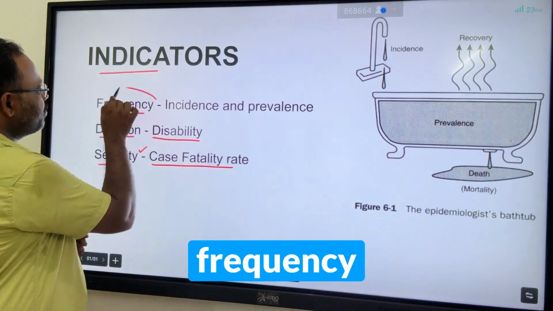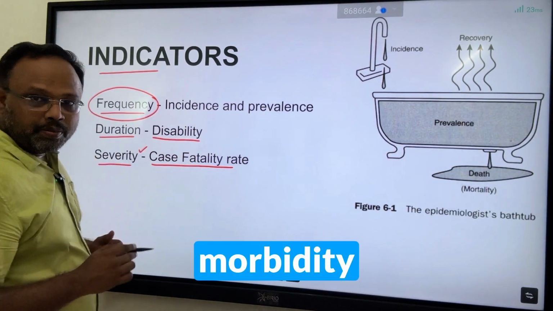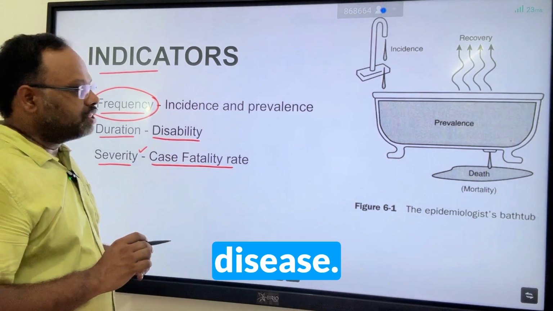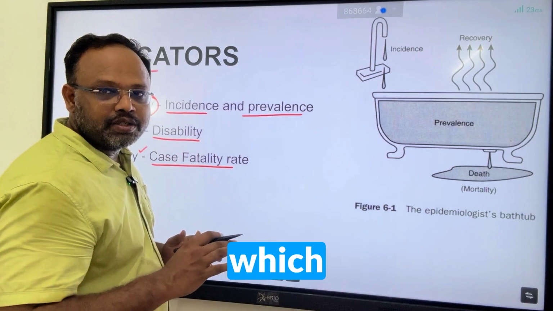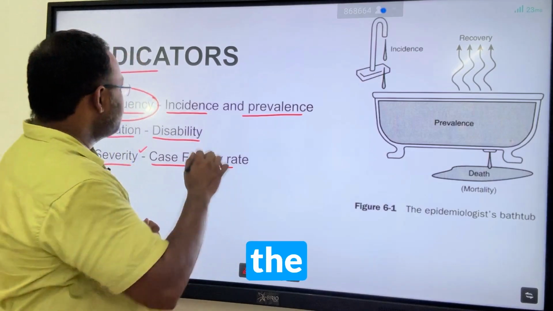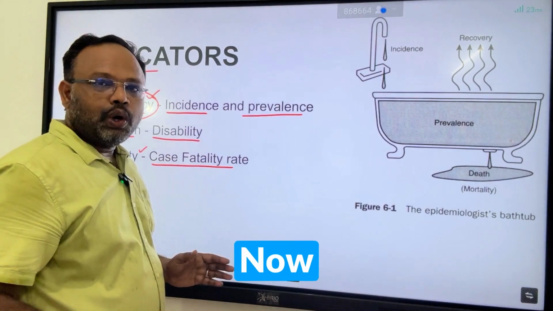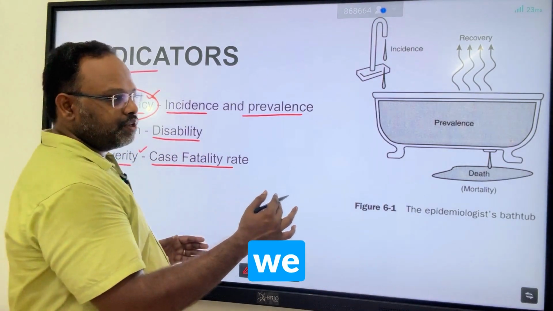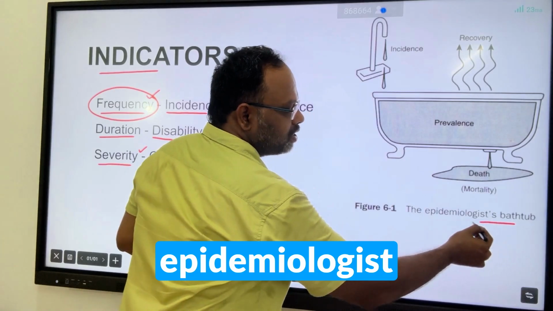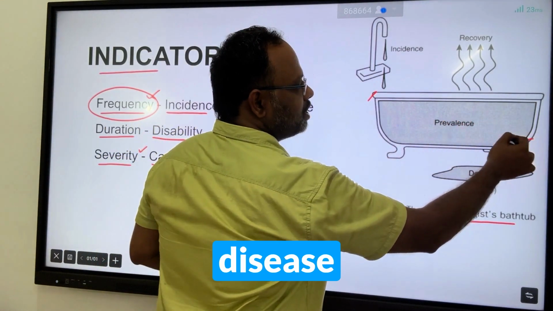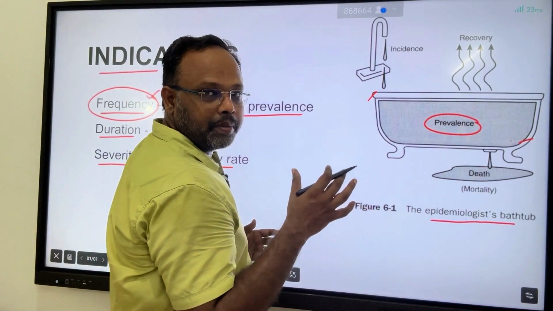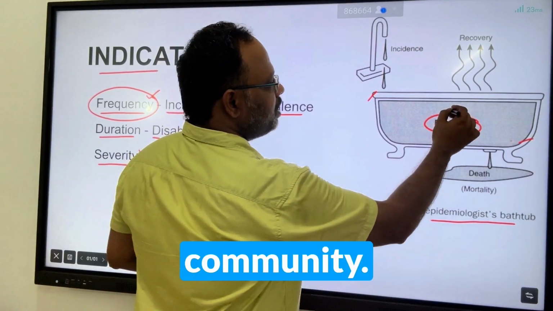But when it comes to the frequency or the morbidity indicators of the disease, the incidence and prevalence are the two indicators which help us understand about the frequency of the disease. Now this is a common picture which we use, that is the epidemiologist bathtub. This bathtub has the prevalence of the disease or the cases prevalent in the community.